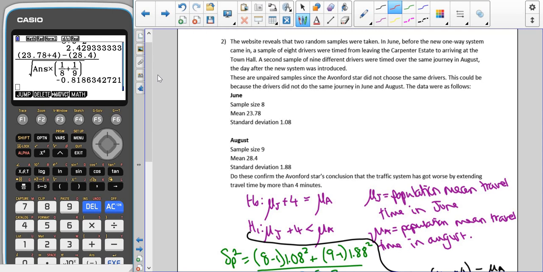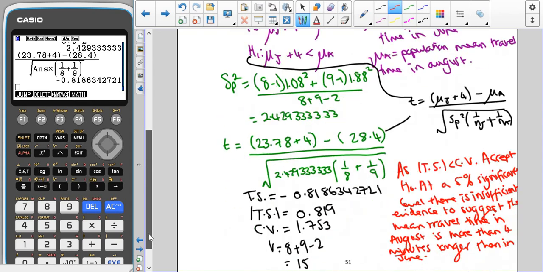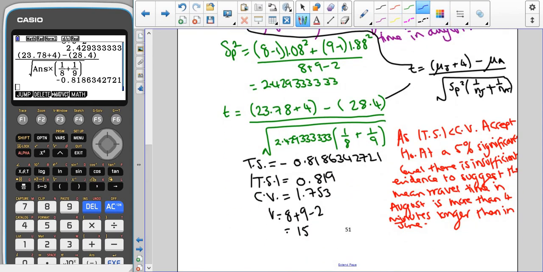It just says a second sample, a sample of 8 drivers, so it doesn't state that these are a random sample, so we're going to have to write those down as assumptions as well.